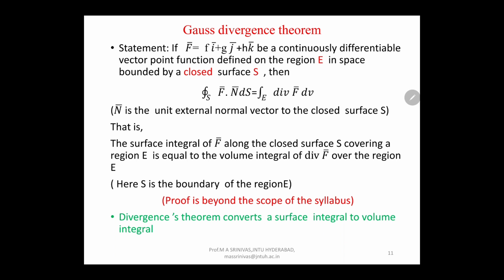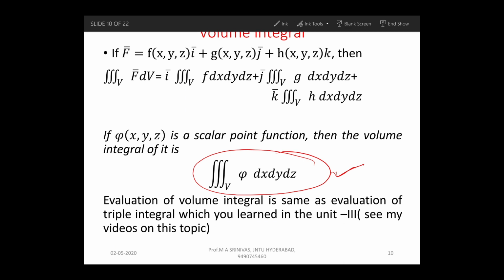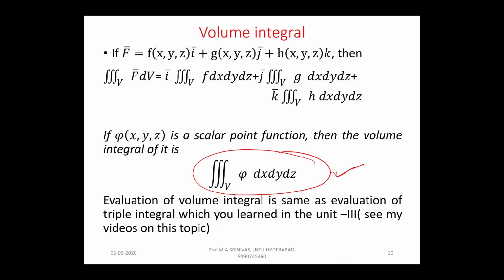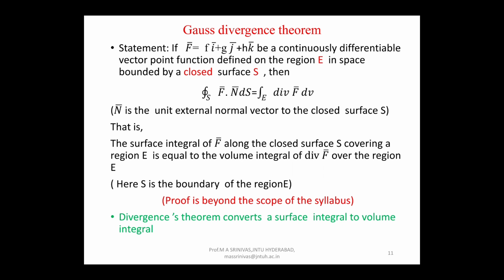Before knowing all those things, let us see what actually the Gauss divergence theorem is. This is the statement. Read that statement. If f bar, whose components are small f, small g, small h, that is f bar is equal to f i bar plus g j bar plus h k bar, is a continuously differentiable vector point function defined on the region E. Region E is in space.